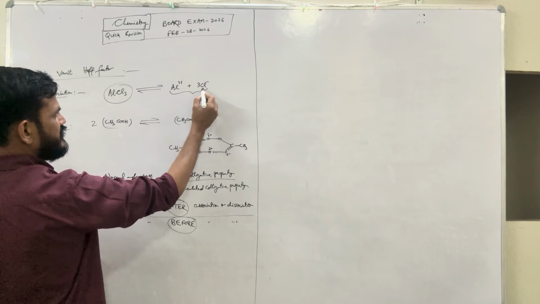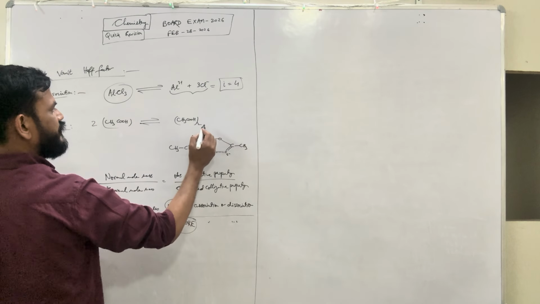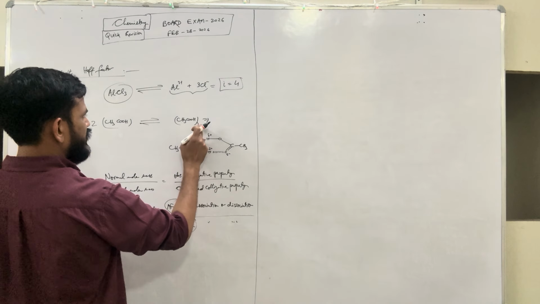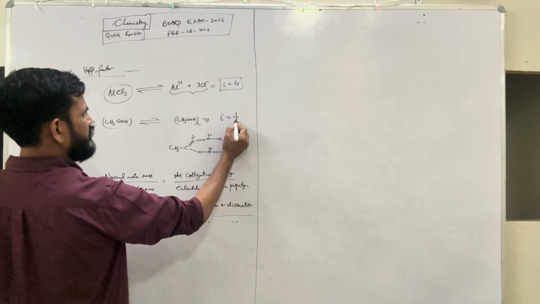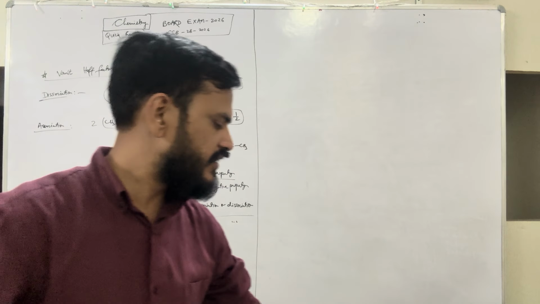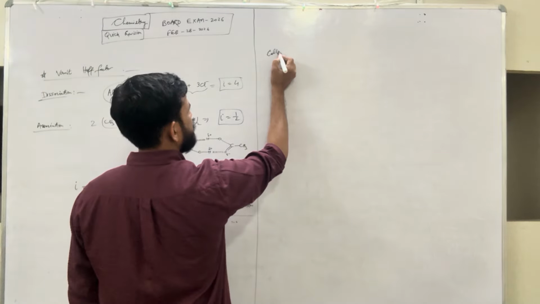So what you see, in this case, the total number of molecules before dissociation is 1, and after it is 4. So Van't-Hoff factor in this case will be 4 by 1, which is i. Here, before you had 2, and after association you have 1. So Van't-Hoff factor in this case will be 1 by 2. So how will this Van't-Hoff factor take care of colligative properties?